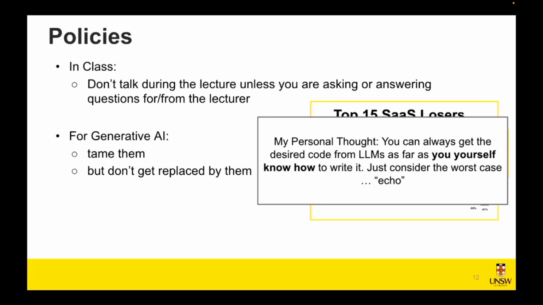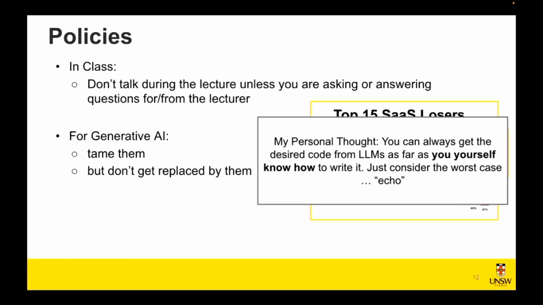Let's consider the worst case. The worst case is that you want a piece of code, and you yourself know how to write that piece of code. Then you can write the code manually, paste it into the prompt, and tell the large language model to just print the code out, right?